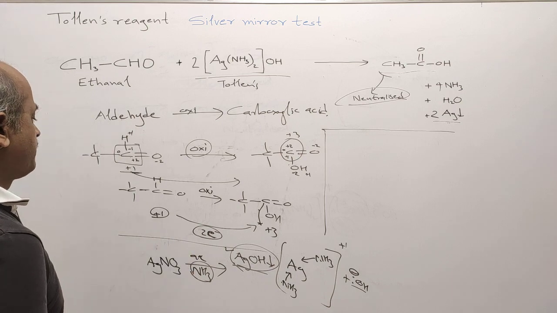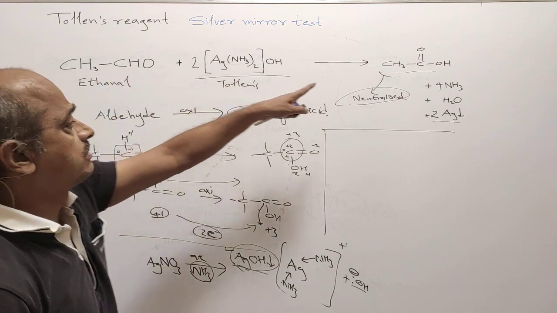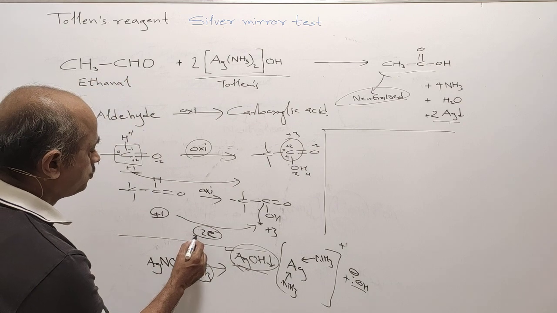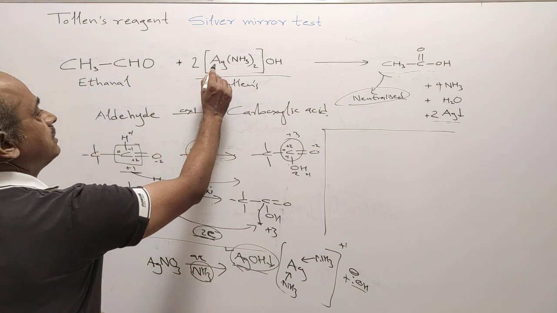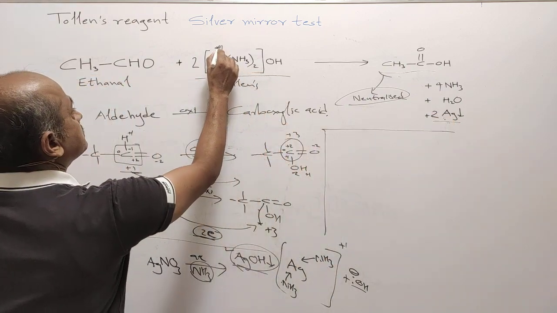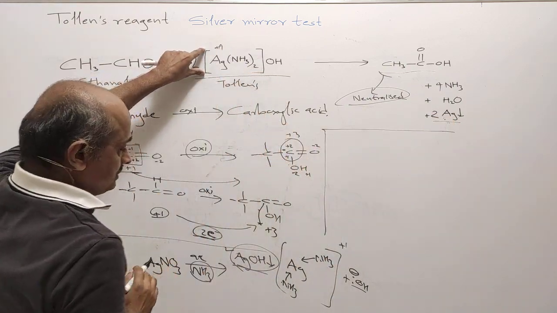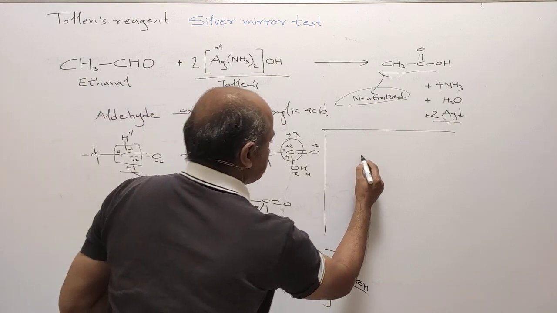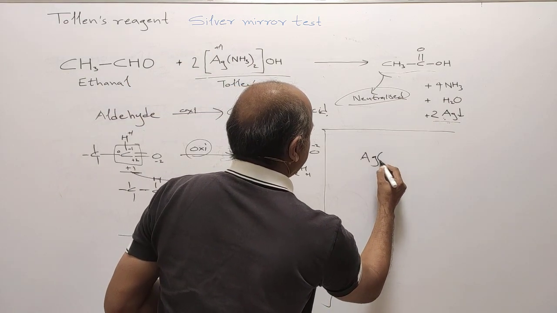And therefore, if one aldehyde molecule changes to carboxylic acid, 2 moles of electrons are available. Therefore, Ag+1 which changes to Ag, such 2 should be available, isn't it? Let me write it again here.